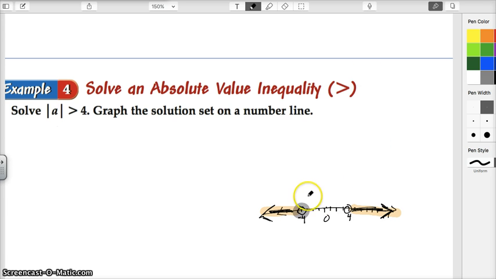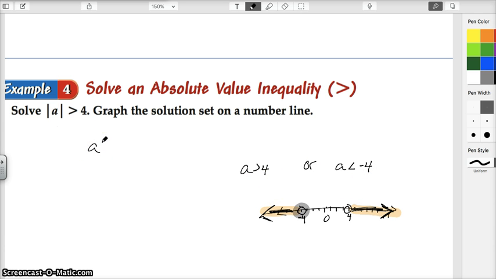And so since we have it like this, whenever we have a break in our graph, we know that we have an or situation. So the situation here is that A is greater than 4 or A is less than -4.